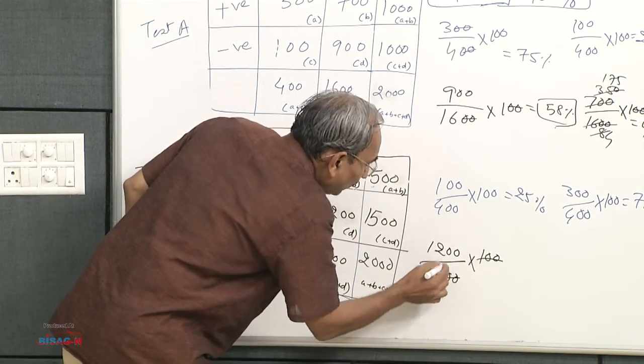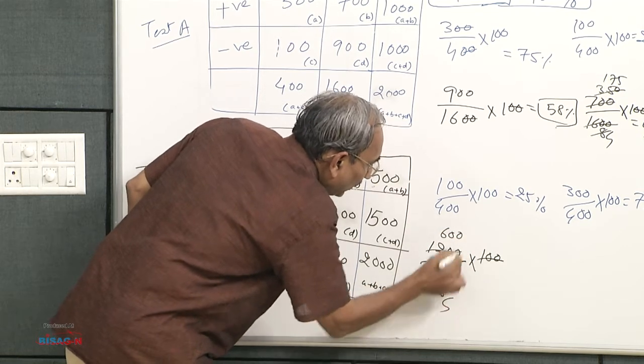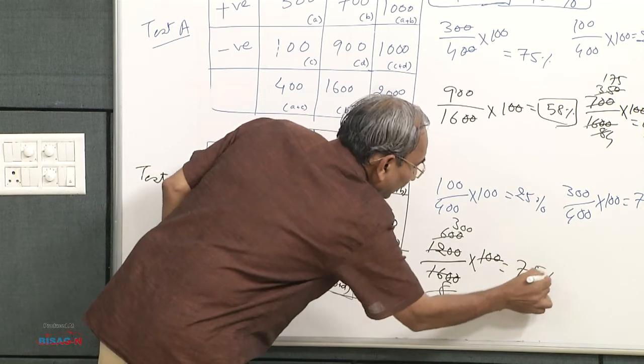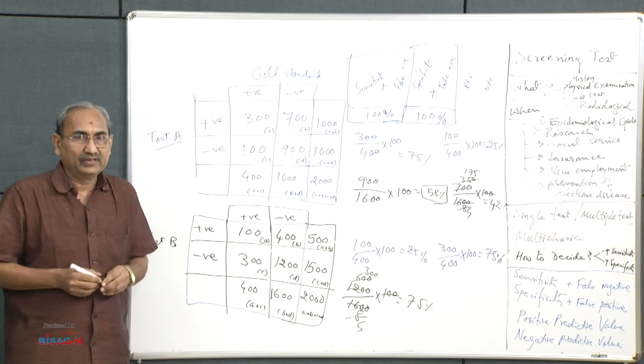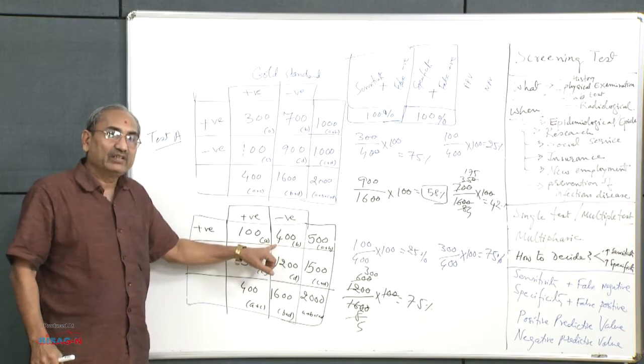So somewhere it would be around 600 out of 800, something like 75%. So specificity in this case is 75%. Now how many false positives?